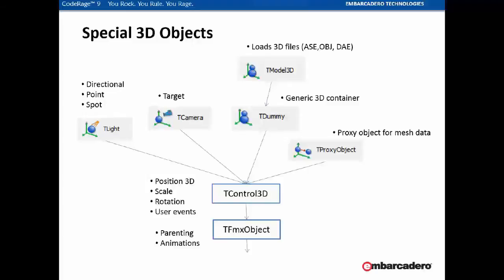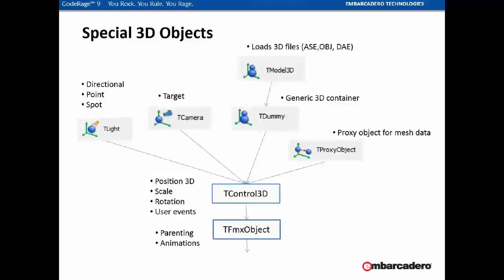Every Form3D, every Viewport3D has a built-in design time camera that you can also use at runtime, but in most cases you want to have a specific camera component to have better control on the point of view into your scene. There are also light components, so the TLight component can be directional, a point light or a spotlight. This is useful for lighting your scene.